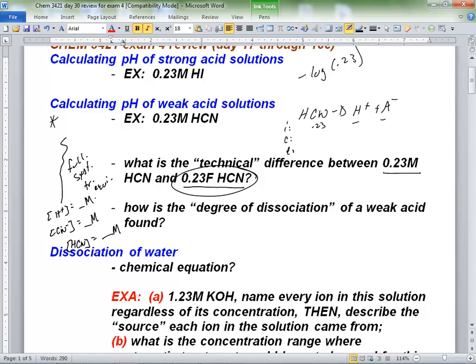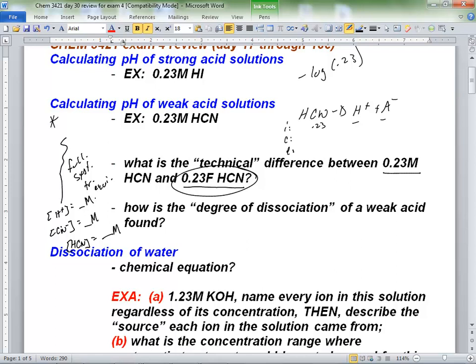How is the degree of dissociation of a weak acid found? What do we say that was? How is the degree of dissociation of a weak acid found? Do you remember?